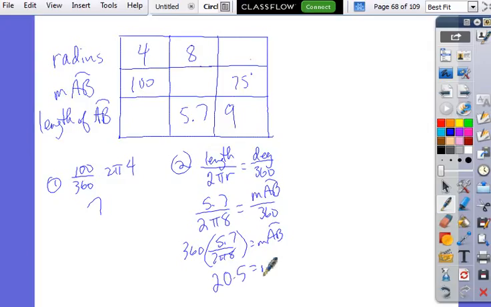All right. Well, then the last one says find the radius. Well, what did we do when it said find radius? We found C first. So I'm going to say length over C is degree over 360. Do my cross multiplying.